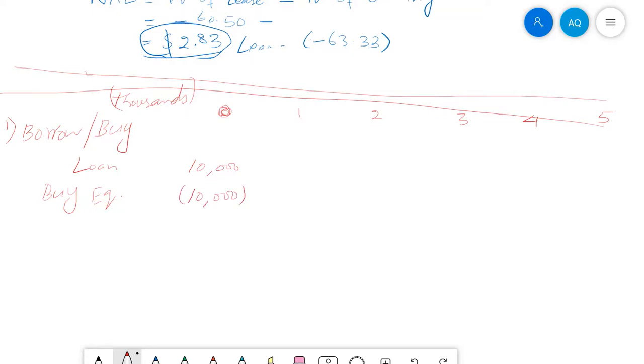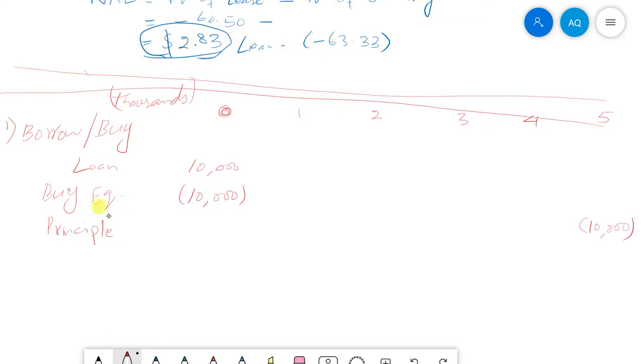That's it. We don't have any other kind of system here. And then after 5 years, at the 5th year, we have to return this loan, which will be 10,000 here.